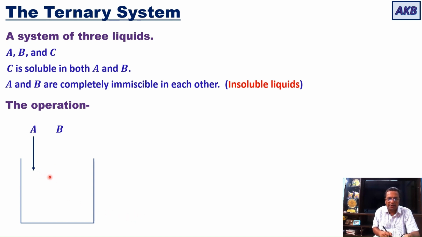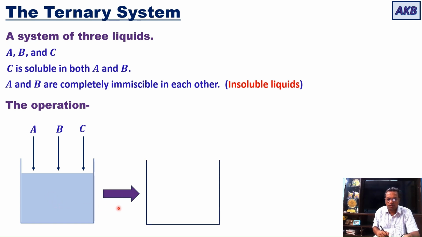If you mix the three components in a vessel, agitate the mixture thoroughly and then transfer the mixture to a settling vessel, or settler, what will happen? The mixture will settle into two layers. One will be an A rich layer and the other one will be a B rich layer.